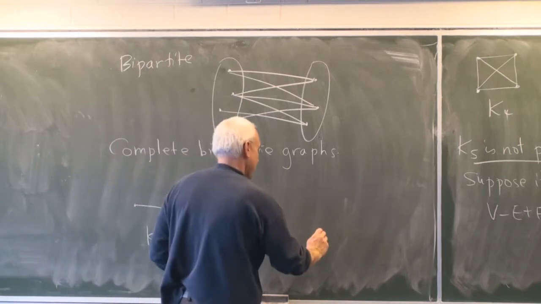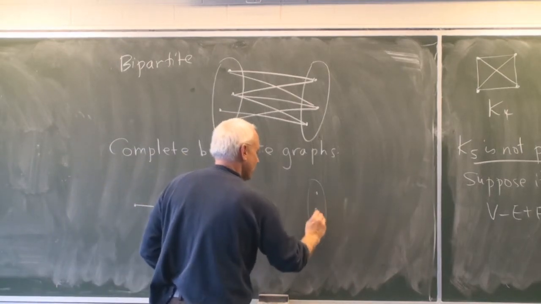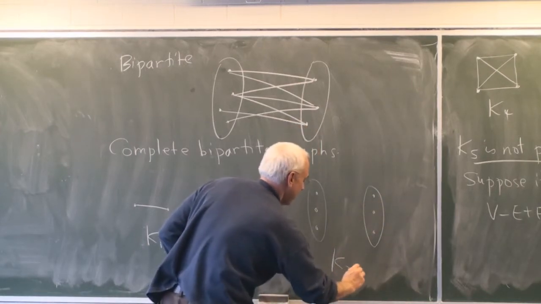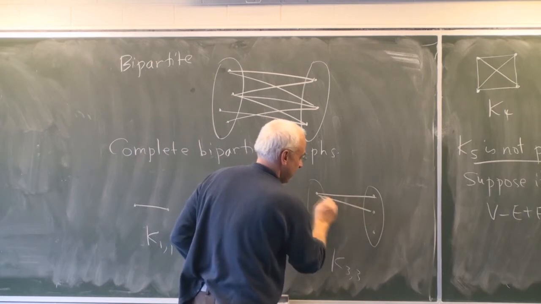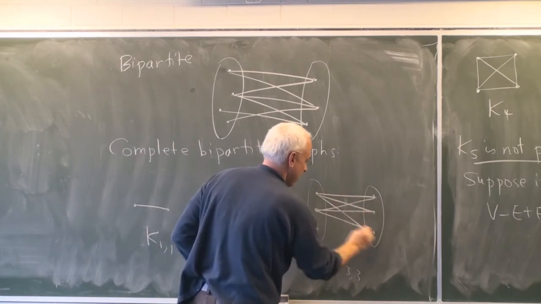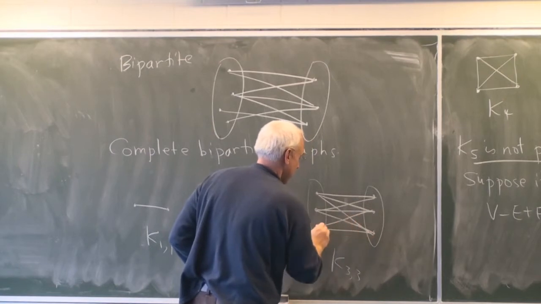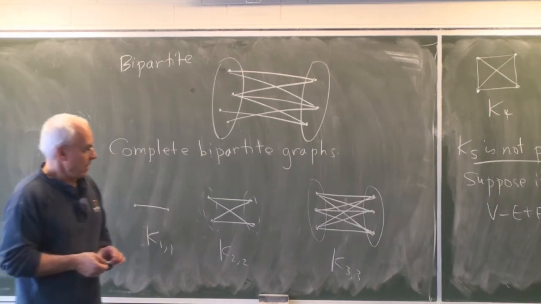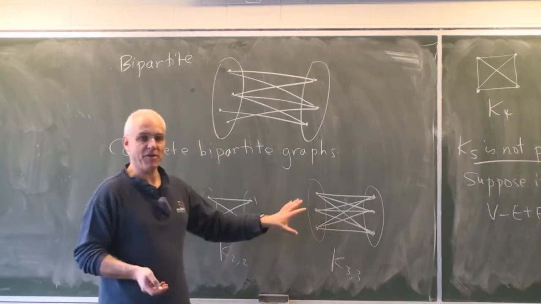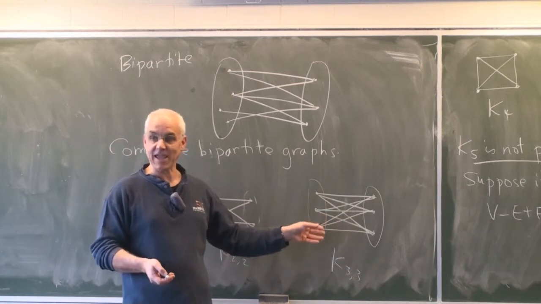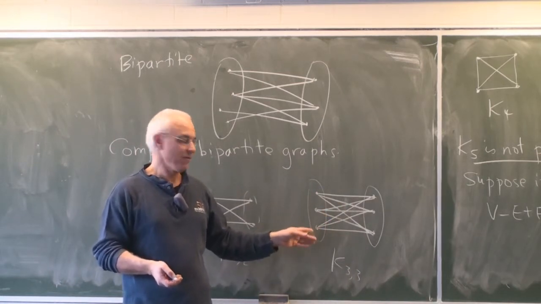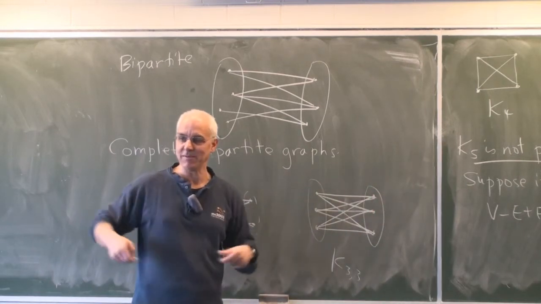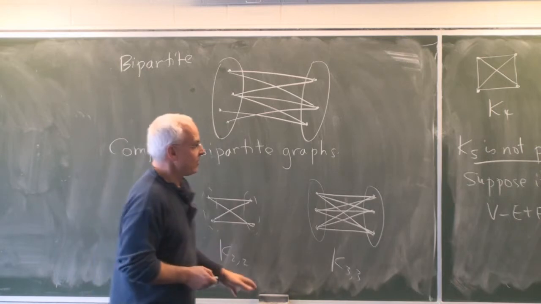And K33, 1, 2, 3 on this side, 1, 2, 3 on this side, all possible edges. It's a well-known party trick, the source of many popular puzzles, that K33 is not planar. If you have 3 houses and 3 utilities, you can't connect the houses to the utilities in a planar way.